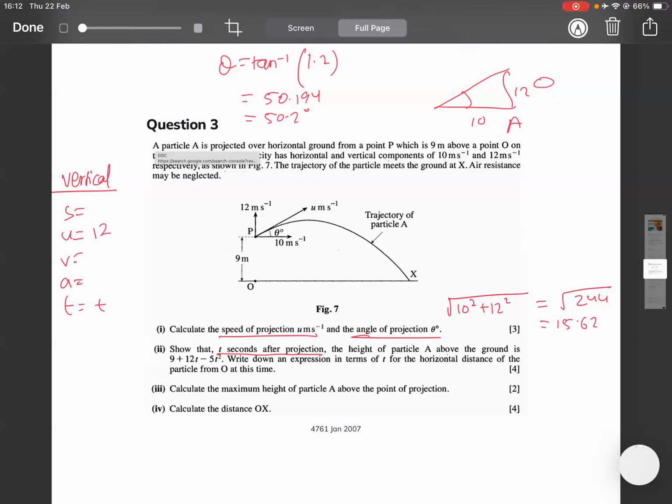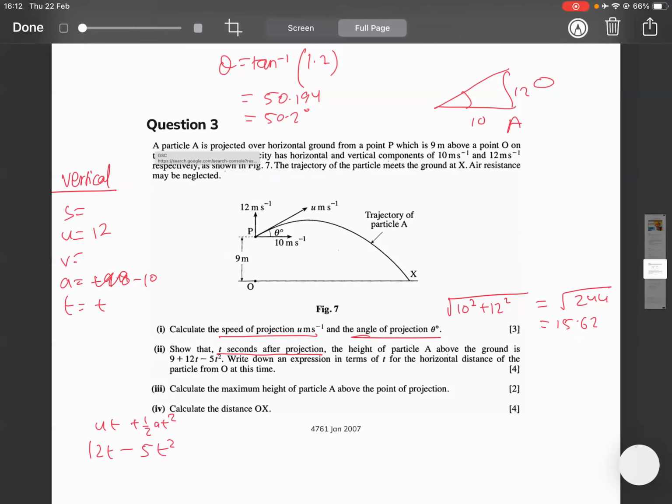A is minus 9.8. And V we don't know. S equals UT plus a half AT squared. So 12T minus, I'm going to change that to minus 10 because I think that's what they've done. But if not, just change it. So minus 5T squared.